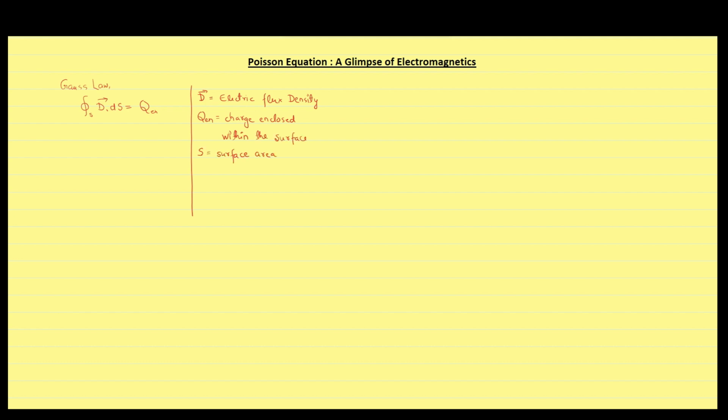Remember that we are considering closed surface area, meaning that we have to consider total surface area of any three-dimensional object. For example, if we have a cube, then for having a closed surface area, we have to consider the surface area of all the six sides.